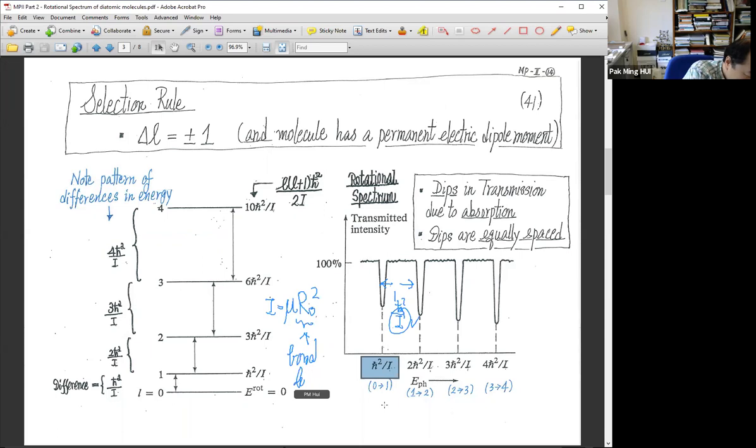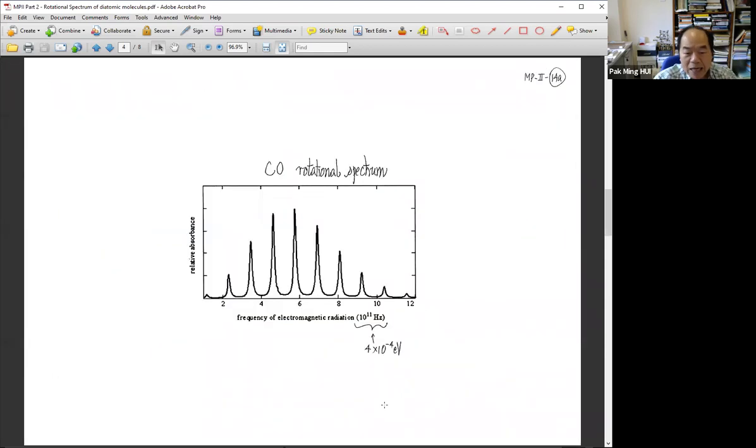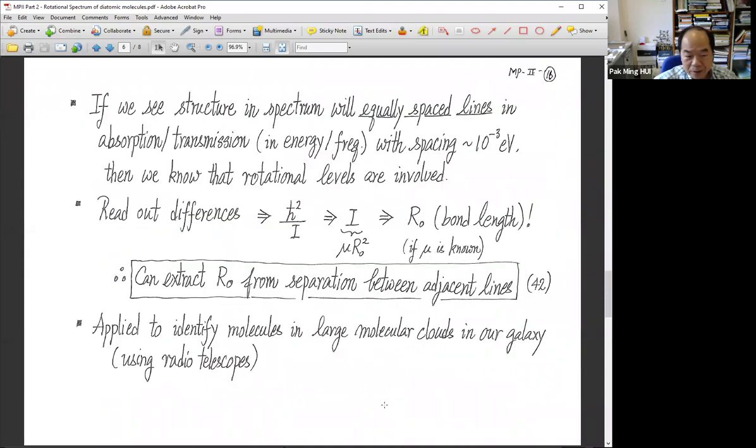Pretty easy, right? Now that is experimentally how one can extract the bond length from reading a rotational spectrum. How easy is that? But there is much quantum mechanics behind it. Okay? So that is the application that I mentioned here.